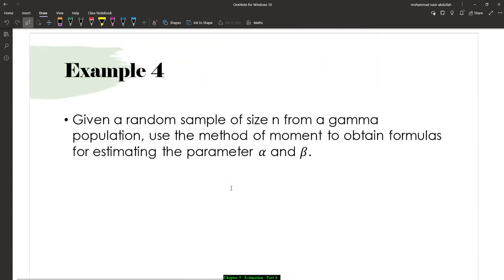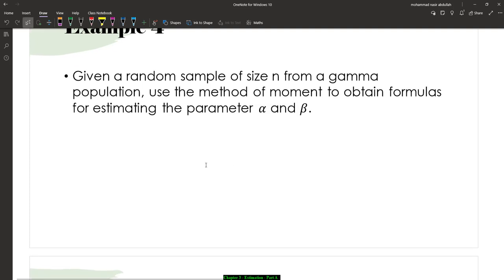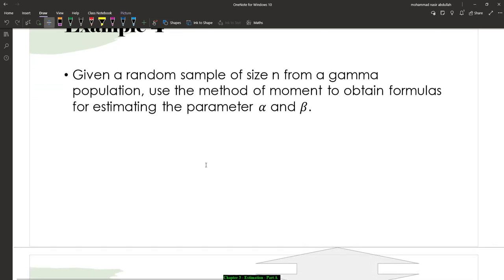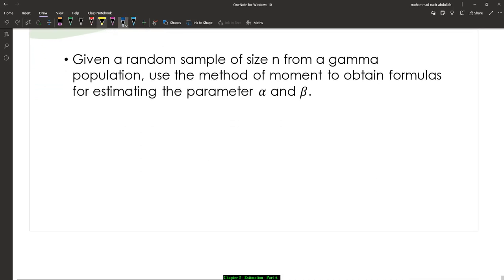Right. So let's look at example number 4. So given a random sample of size n from a gamma distribution, a gamma population, right? So we need to use a method of moment to obtain a formula for estimating the parameter alpha and beta. So now in gamma distribution, we have two parameters, right? Alpha and beta.